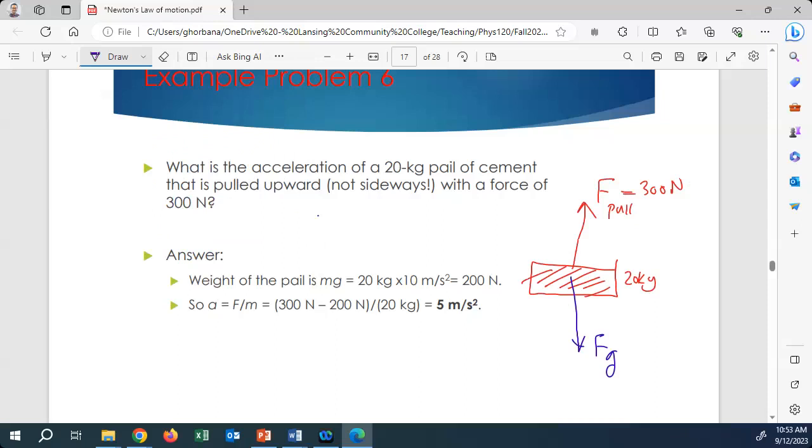Because the question is telling us that the force is being pulled, the question is helping you. We have one force already, and we just draw this force. Next, we need to identify the forces that are not given. The only other force exerted in this situation is the force of gravity. So right now, how many forces do we have? Two forces, F pull and gravity.